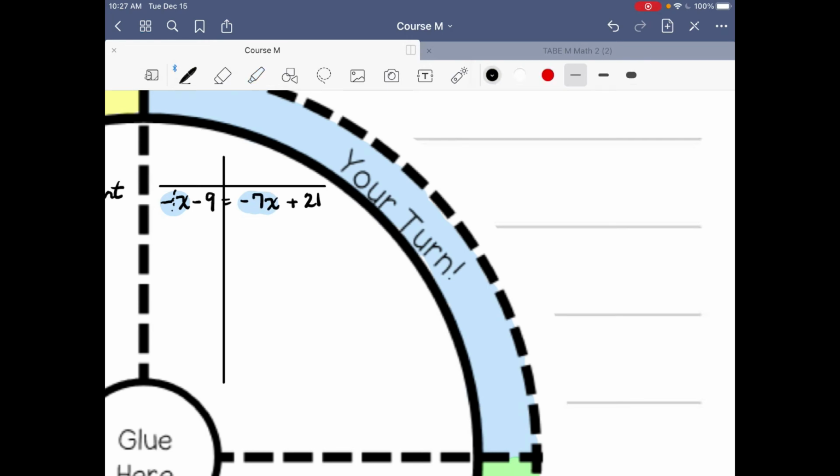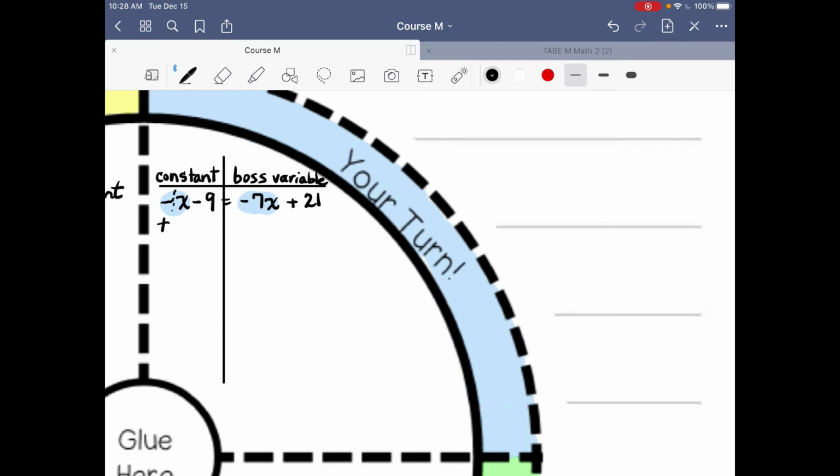Of those two, this side is the boss. So I'm going to line up my variables over here on this side. And that means that my constants will be on this side. Now this one has a lot of negatives and minus signs, so I need to be very, very careful.